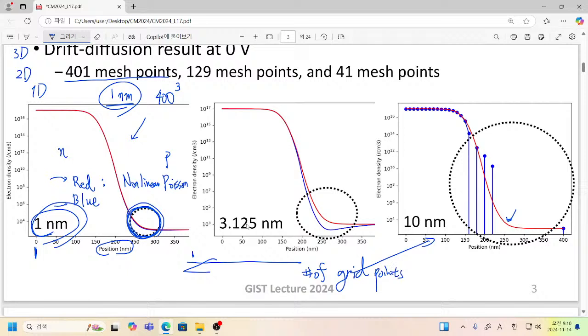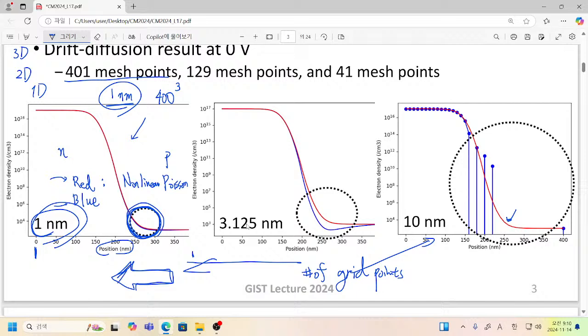So it is easy to understand: if we spend more grid points, then the accuracy of our solution can be improved. This is a quite good and reasonable trend. If you pay more, then you will get more.